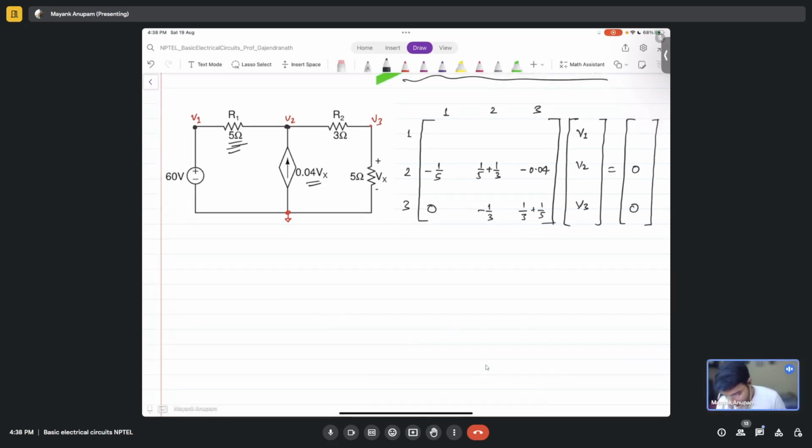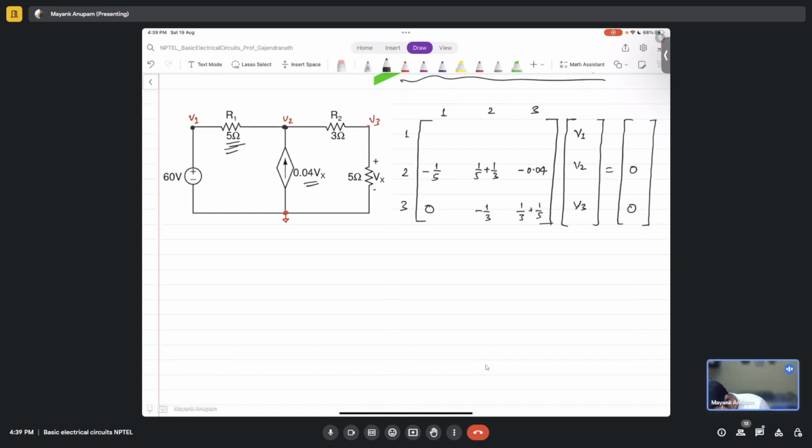All right. Now let's write for this one. So what should I do here? How do you handle voltage sources? How do you handle independent voltage sources?